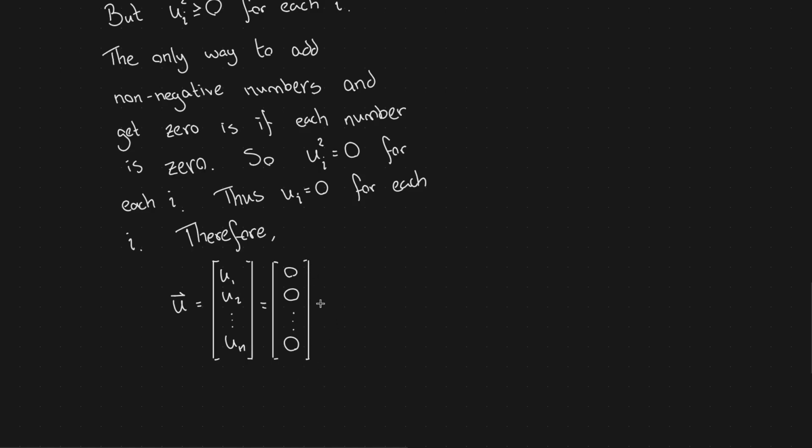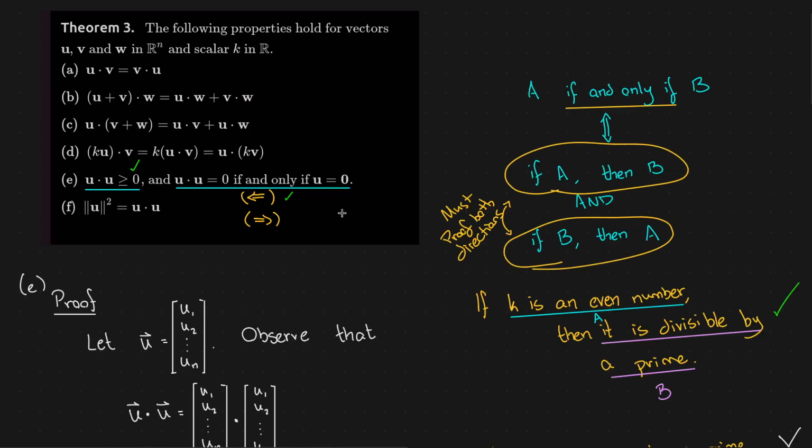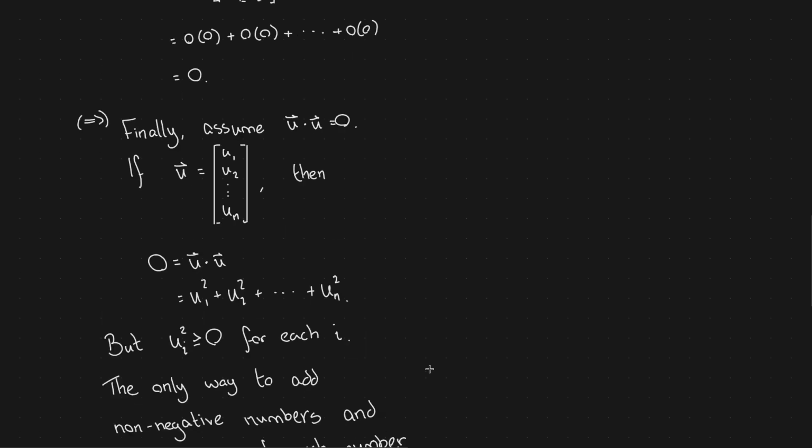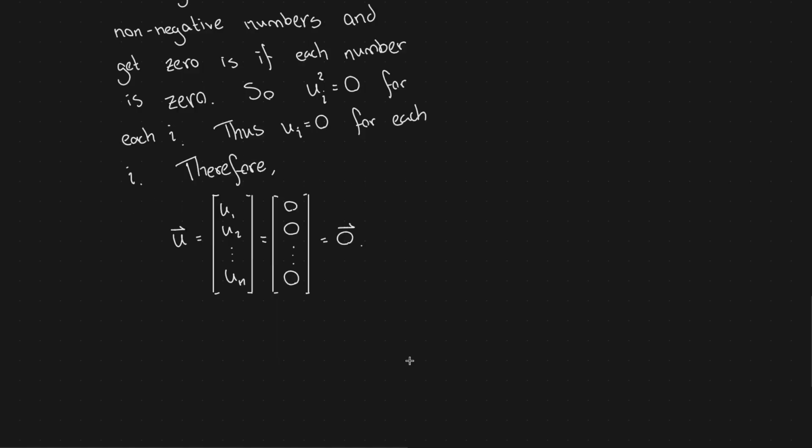And a vector of all zeros is the 0 vector. And that's what I wanted to show going in this direction. I wanted to show that if the dot product of a vector with itself is 0, then the vector must be 0. And I've done that. I started with assuming that the dot product of a vector with itself is 0, and now I've shown, oh yeah, the vector must be 0.